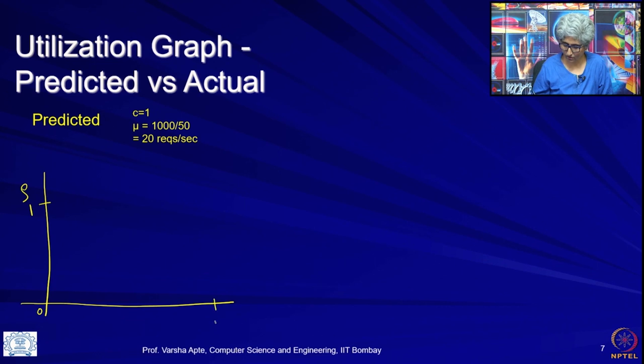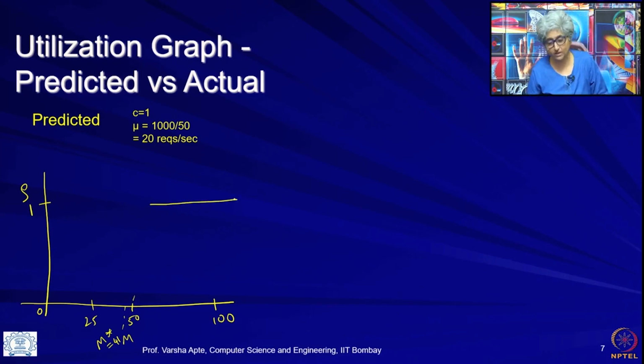Again let us just draw it for m till 100, this is 50, 25, and somewhere here is m star, 41. At somewhere around these points we know that utilization is going to be 1. In fact, the nature of the utilization graph will be very similar to the throughput.